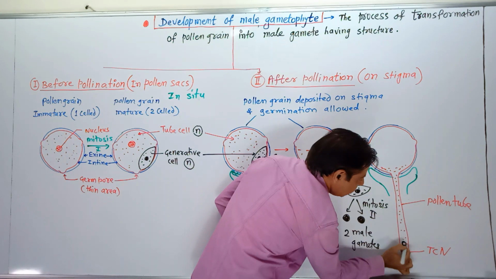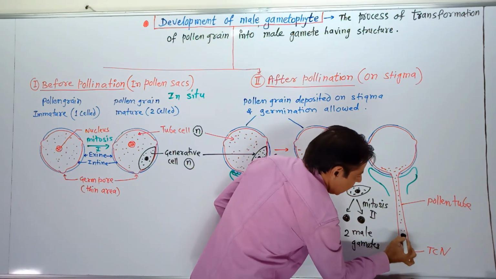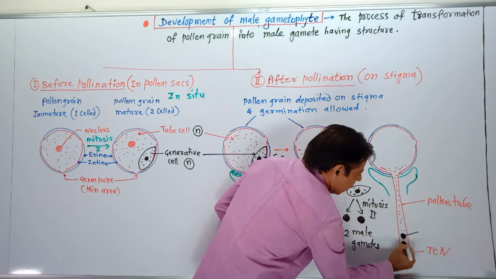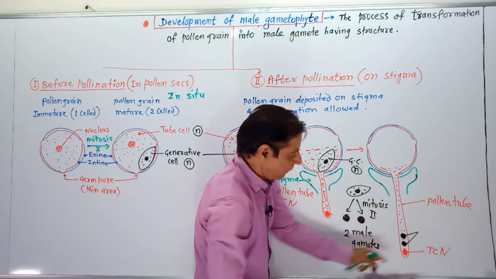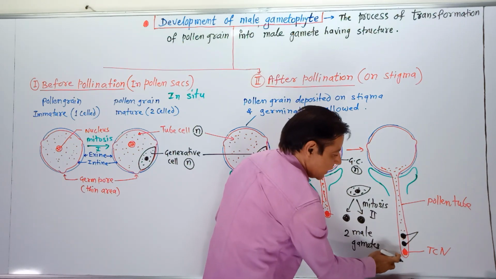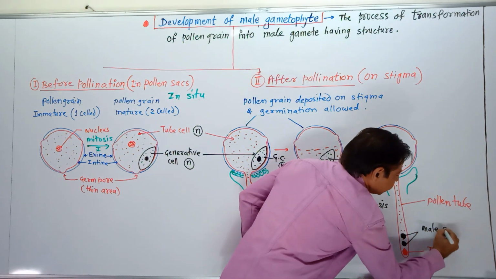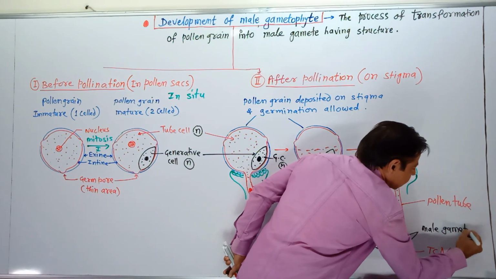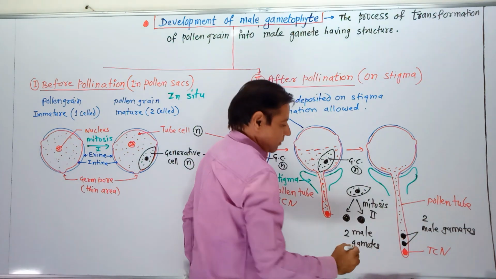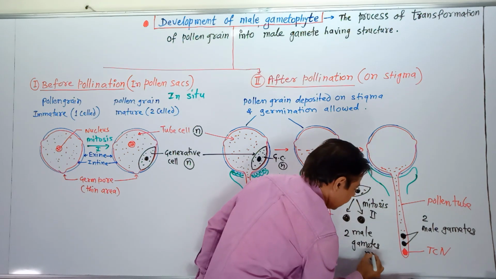They are behind the tube cell nucleus. They have now entered and reached behind the tube cell nucleus at the tip. These are the male gametes, and both are haploid.